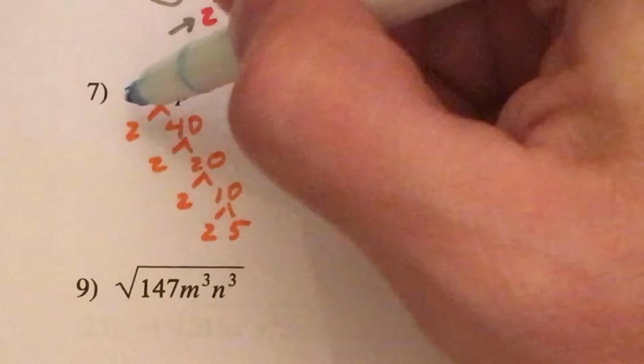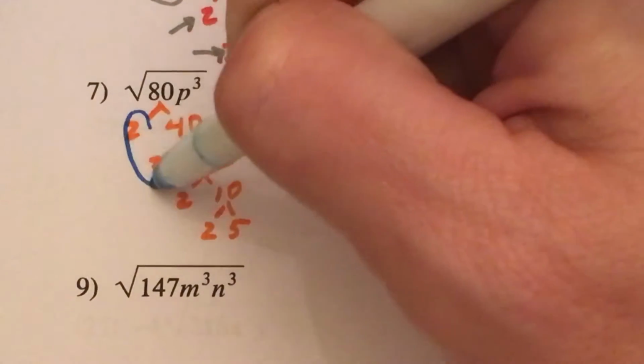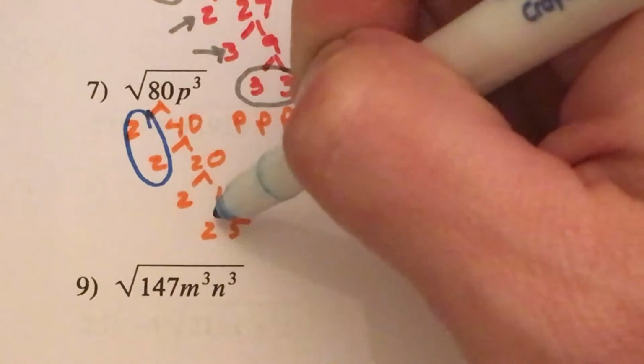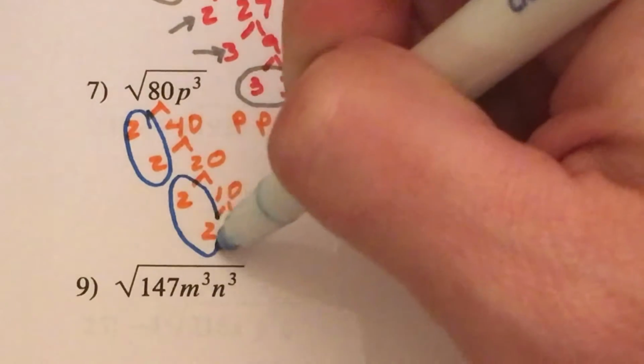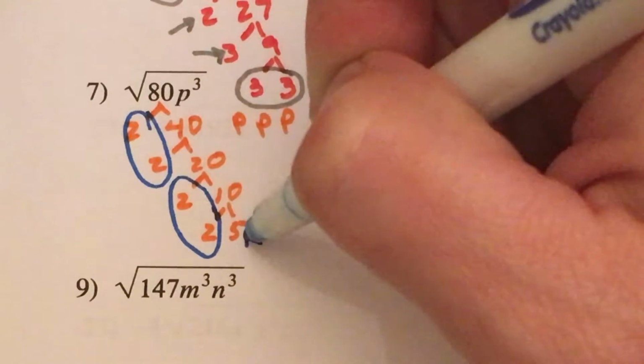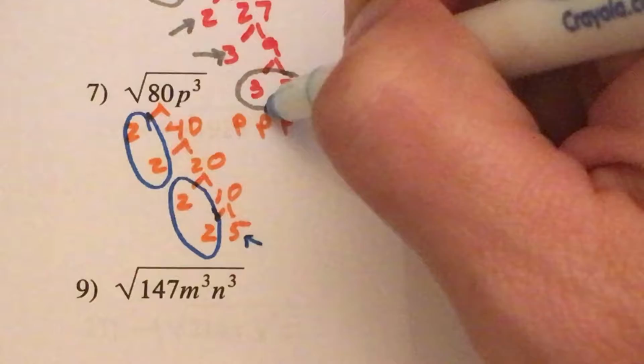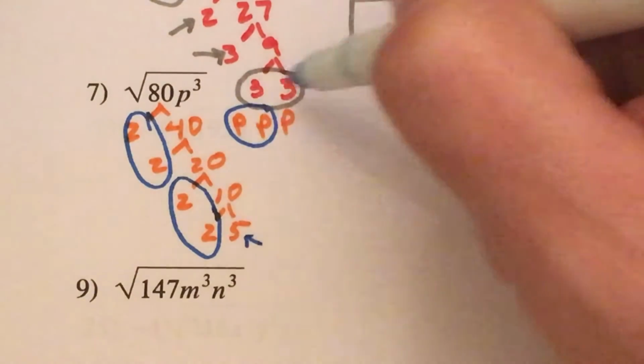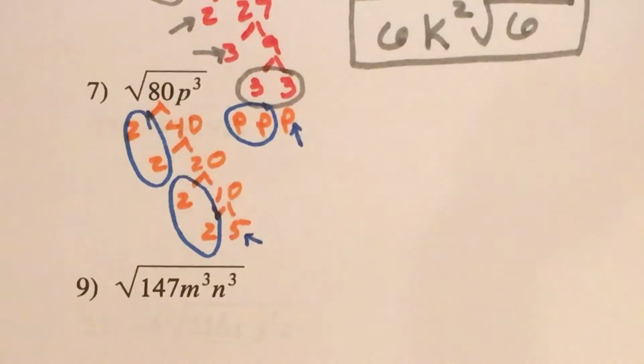All right, bundles. I got a bundle of 2's. I got another bundle of 2's. I got a leftover 5. I got a bundle of piglets. And I got a leftover piglet.